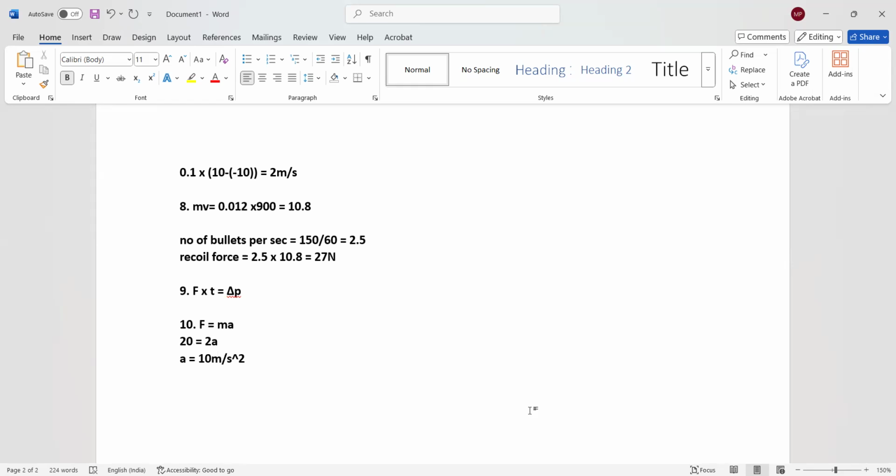Now, after 1 second, v is equal to 0 plus 10 into 1. That is 10 meter per second.